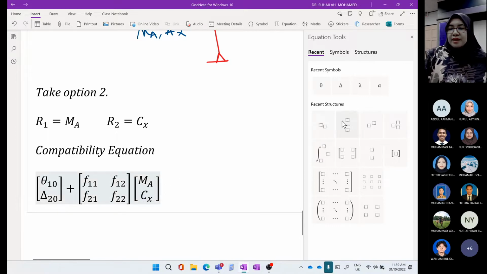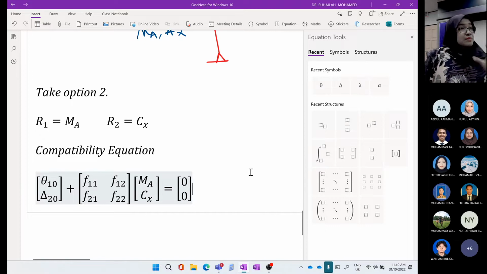Okay. And this is equal to 0 unless it has support settlement. Actual equal to 0 unless ada support settlement given in the question. Okay, so this is the compatibility equation.